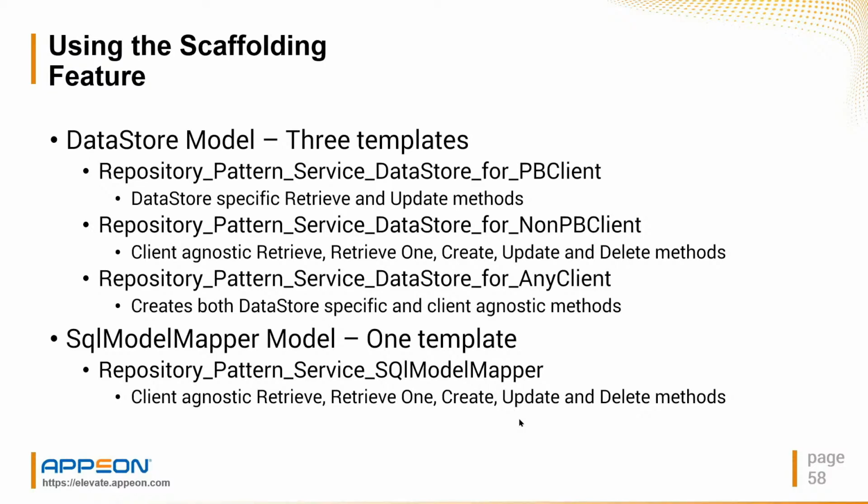REST services are generally stateless, so when you send your update, the server doesn't know what the original values of the data were. All it basically does is replace what it finds in the database right now with what you sent up.